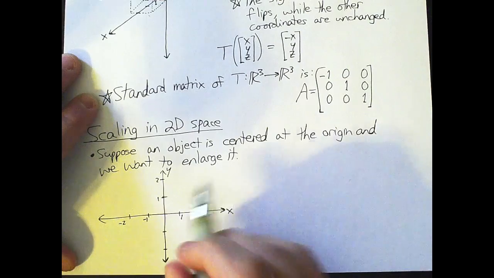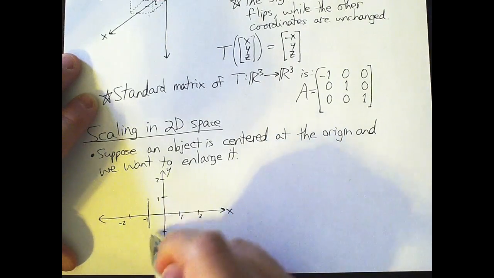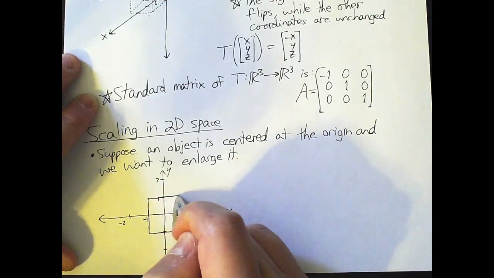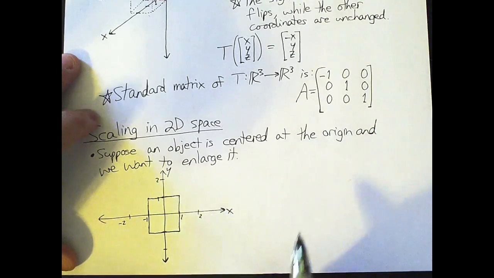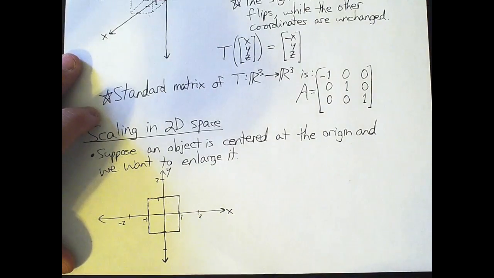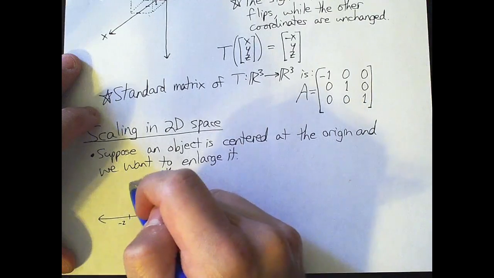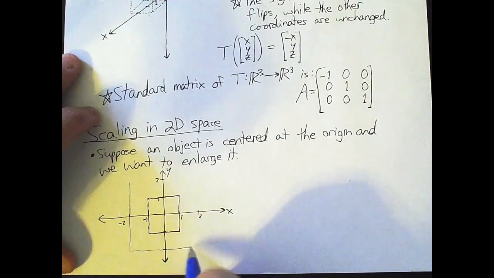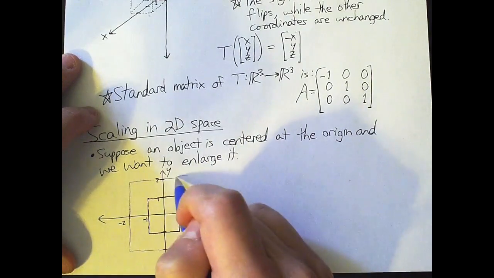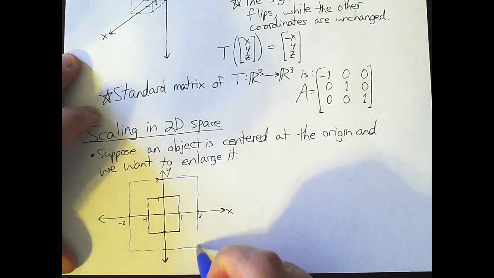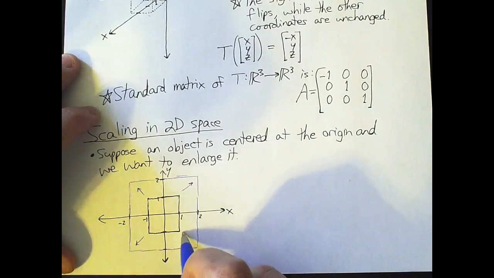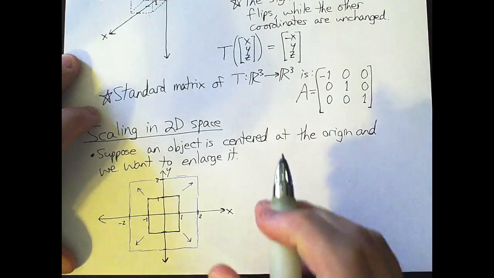So let's say the object that we want to scale is some kind of picture or set of points that is centered around the origin. That's my original object, and I want to scale it so that it becomes this large. And we'll talk about how this can be done with a linear transformation. All right, so all these points kind of expand outward. Actually, we could label some of these points, can't we?